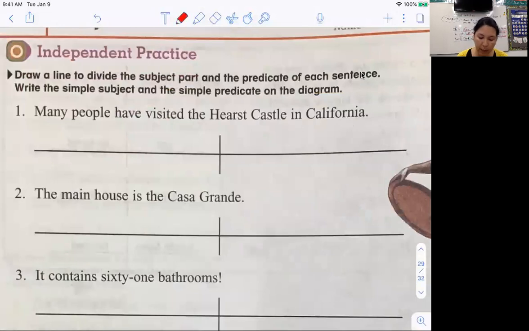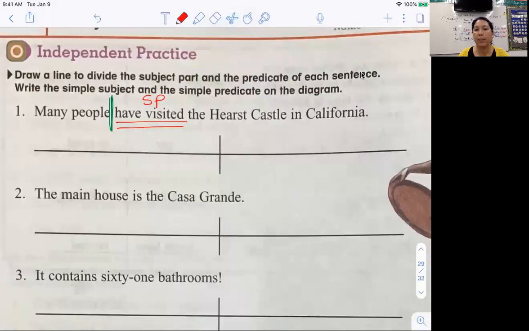Okay, do you see an is, are, was, were, have, has, had, am, will? Have, good job. So that's where my haya goes in front of have. Okay, so now look at the word after have: visited. Is visited an action? Yes. So those both have to be my simple predicate, have visited.